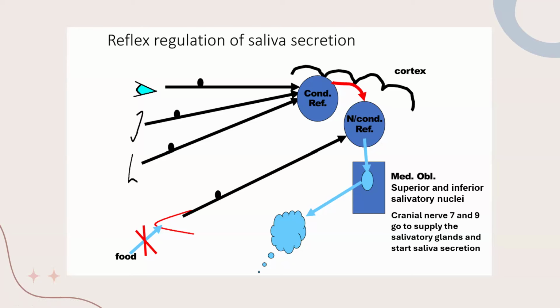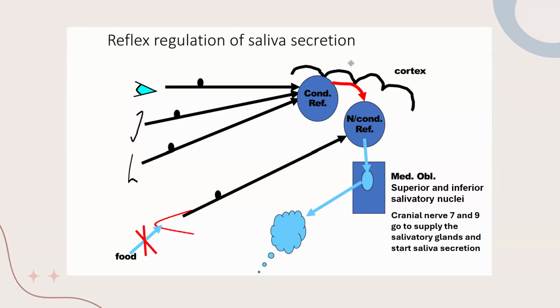brain to send signals to the cortex and then to the medulla oblongata. And in the medulla oblongata, which is in the brainstem, there are the superior and inferior salivatory nuclei. From the superior and inferior salivatory nuclei, cranial nerves 7 and 9 go to supply the salivary glands and start saliva secretion.